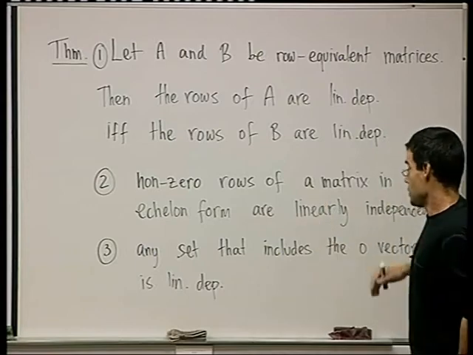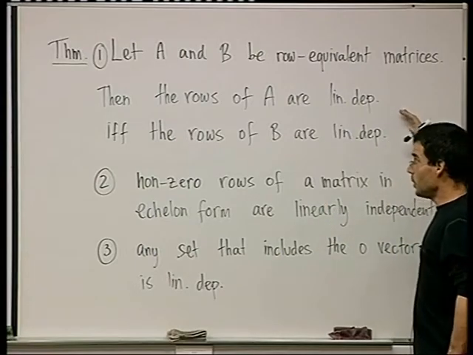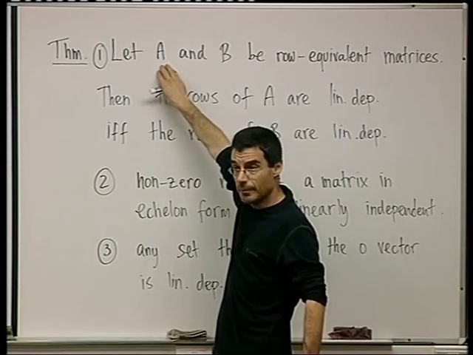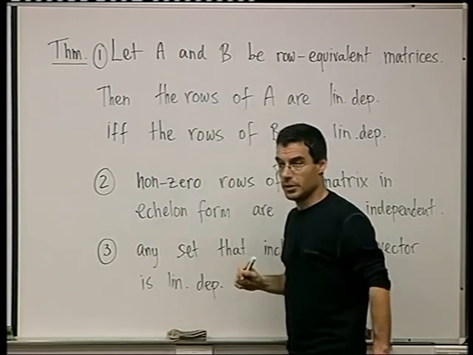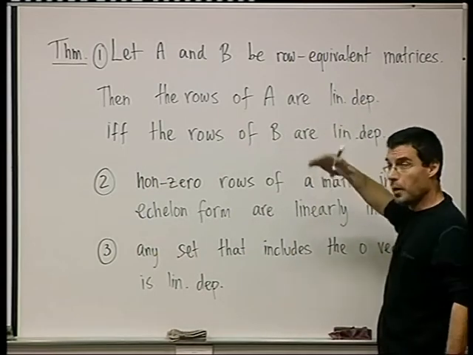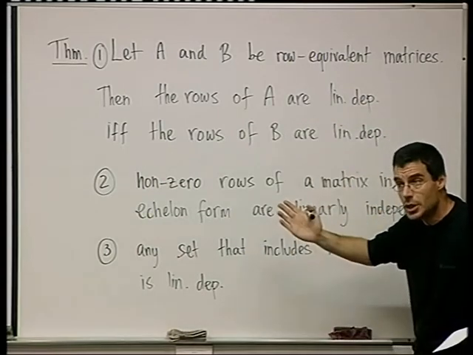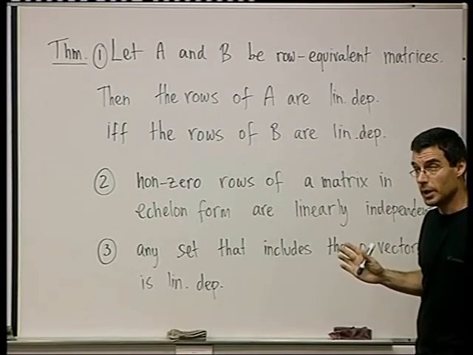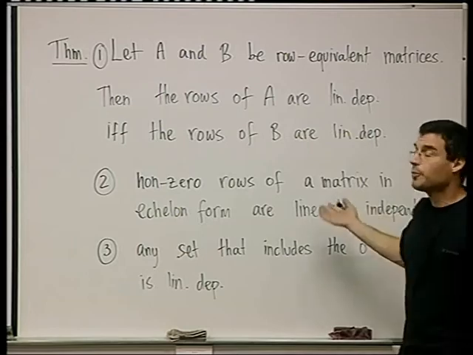Okay. So the first theorem tells us we set them as rows in a matrix, call it A, and then we did row operations. The first theorem tells us these row operations do not change the linear dependence of the rows. So we moved to a totally different matrix, right?